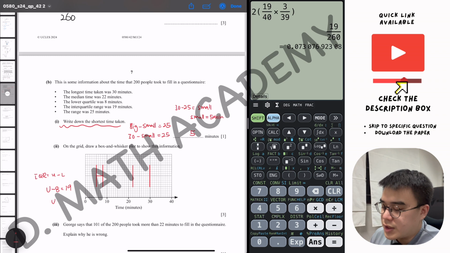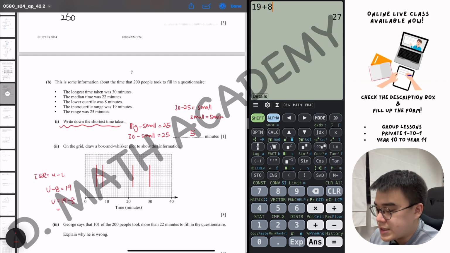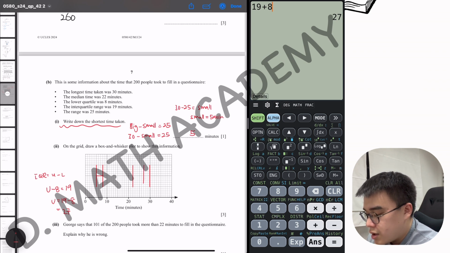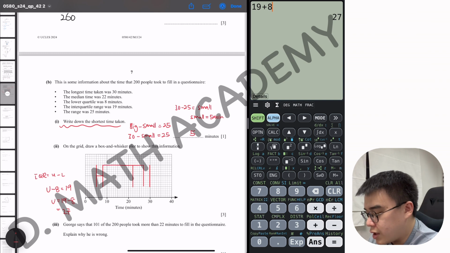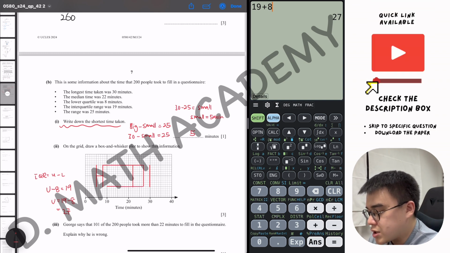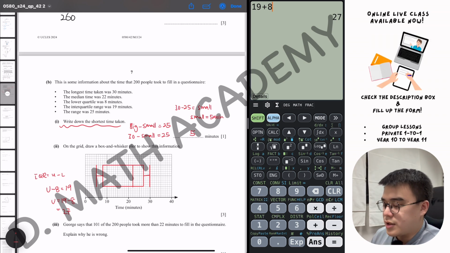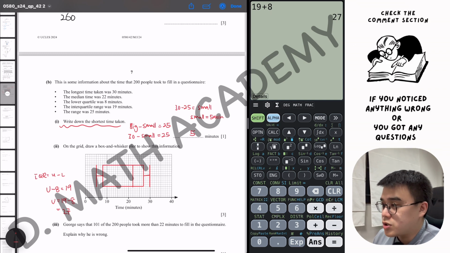So if you shift the 8 away, 19 plus 8 results in 27. So the answer is somewhere around here. Now combine all of them up and you should be able to get your answer just like that. Nothing too fancy. Everything is here. That's pretty much it for question B part 2.